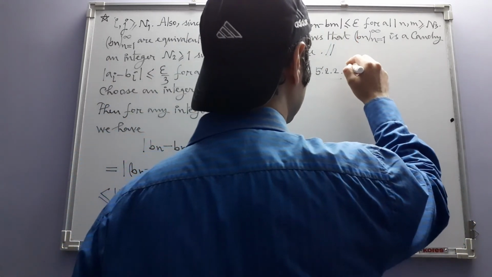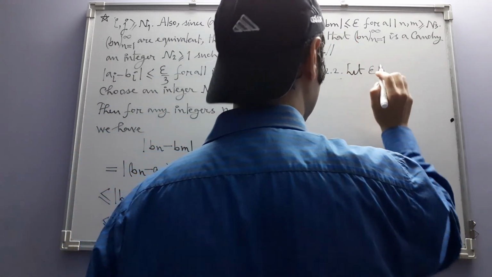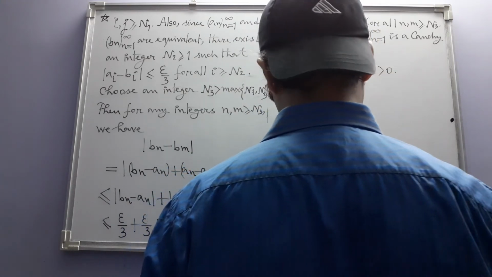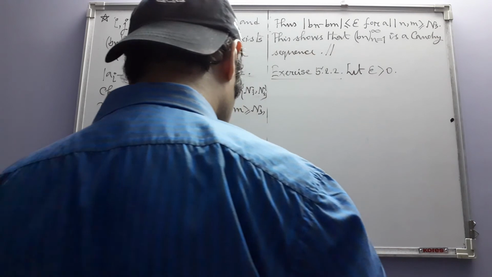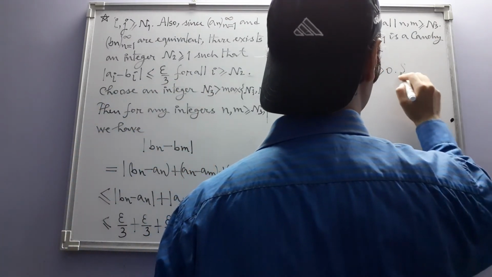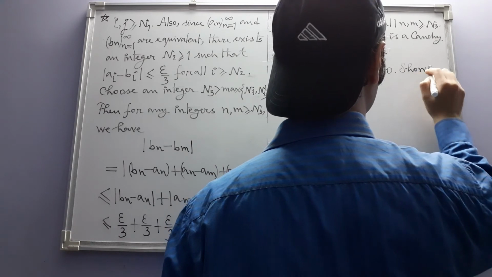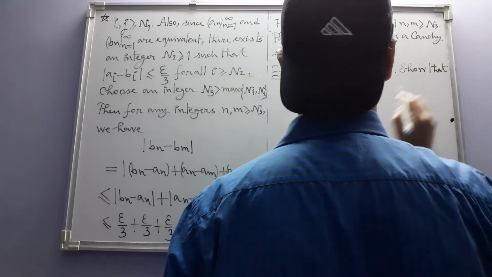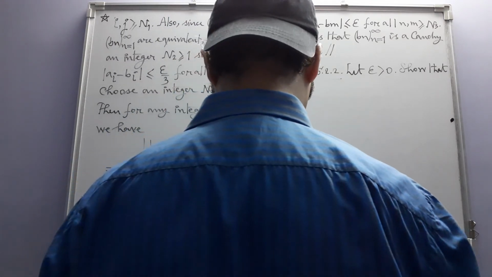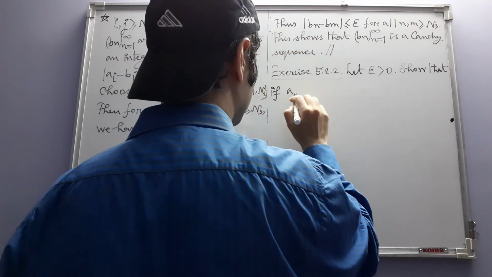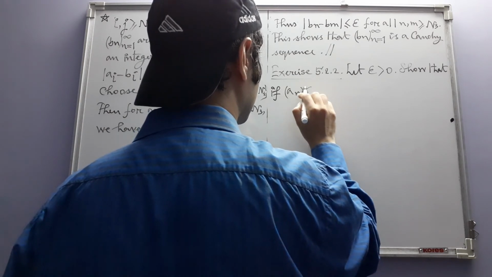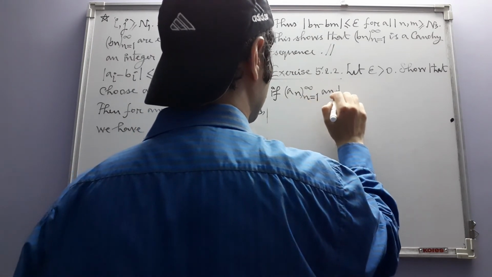Let epsilon be a positive rational number. Show that if an and bn are eventually epsilon close, then an is bounded if and only if bn is bounded. Here they have given epsilon themselves.